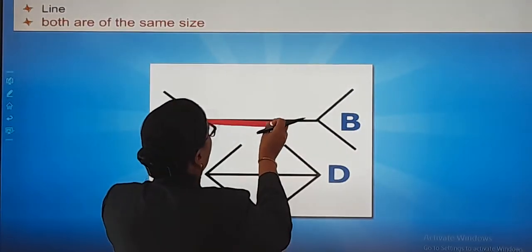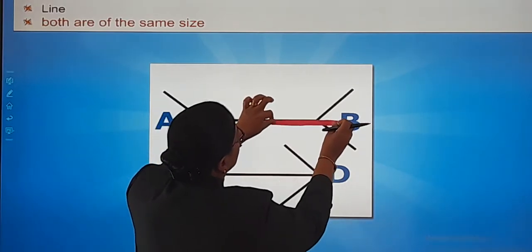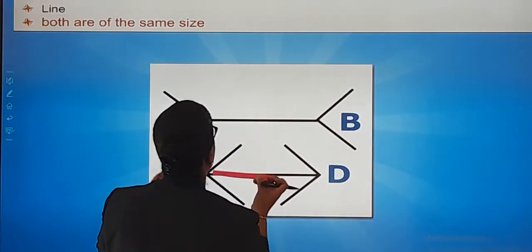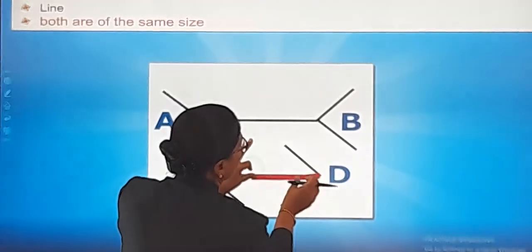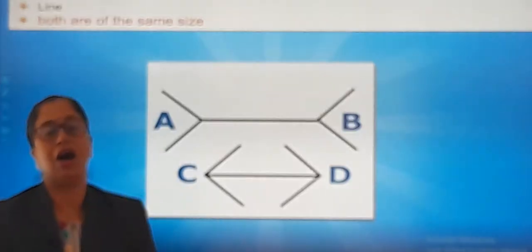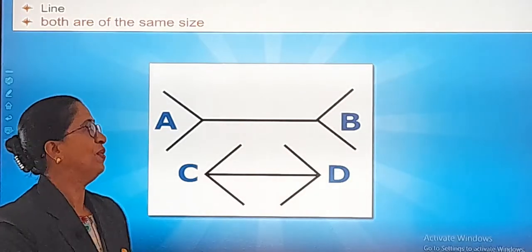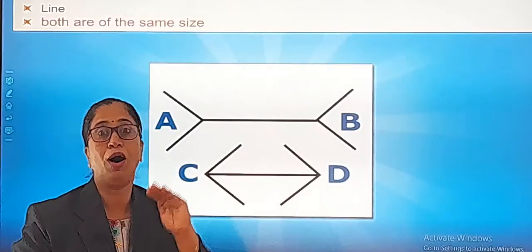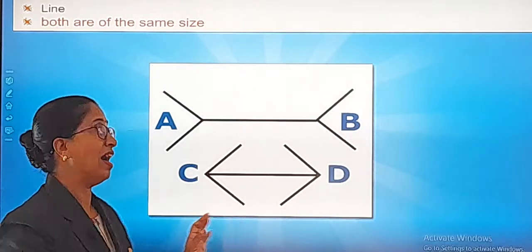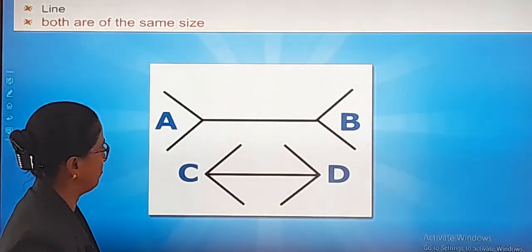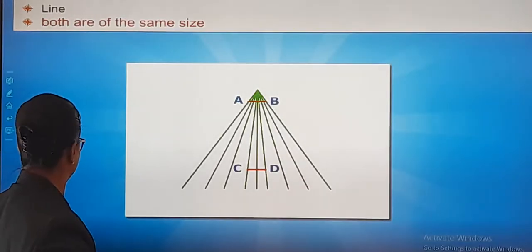Let's see here 1 and 2. They both are the same. So this is what we call optical illusion. Seeing things which actually are not true.